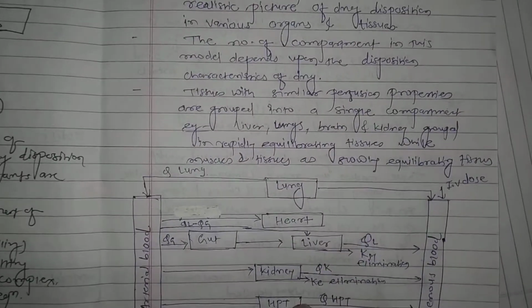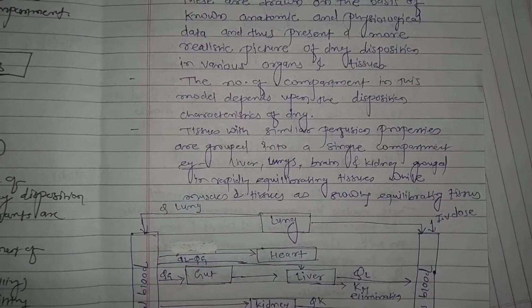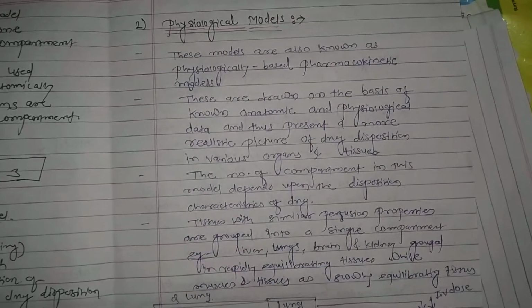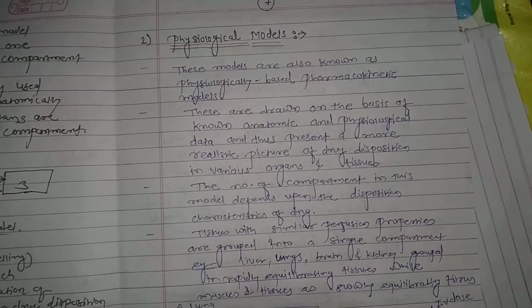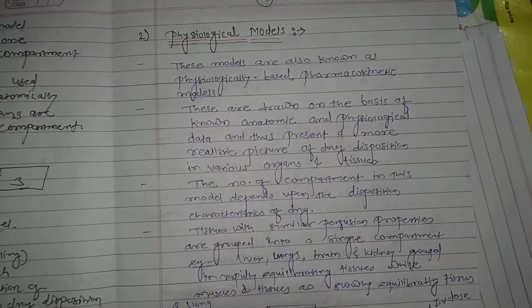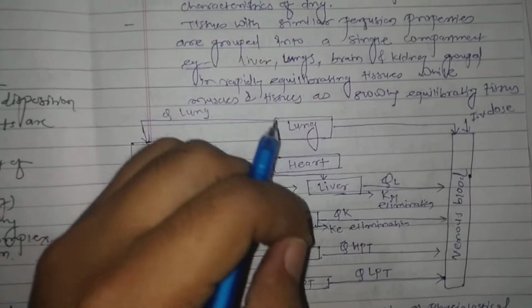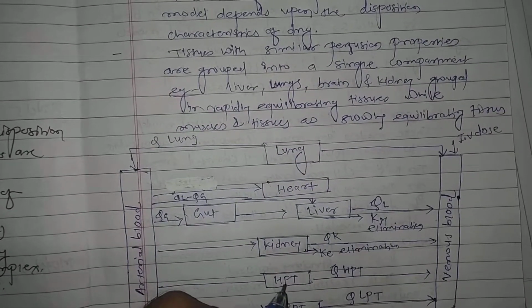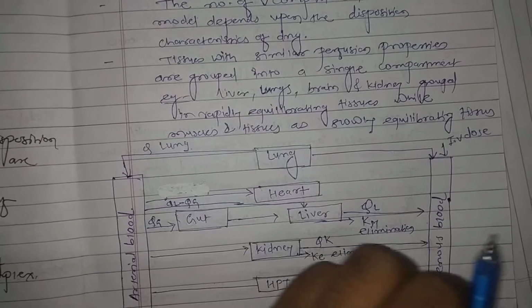So these are totally based upon physiological and anatomical models. They describe how much amount of drug is entering into the different physiological organs present in the body and exiting from them.